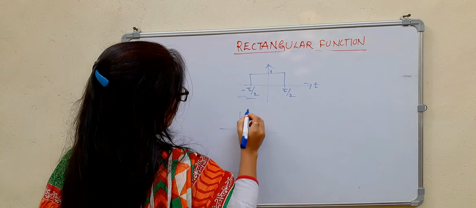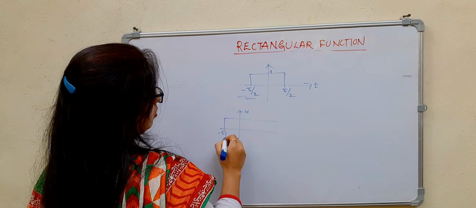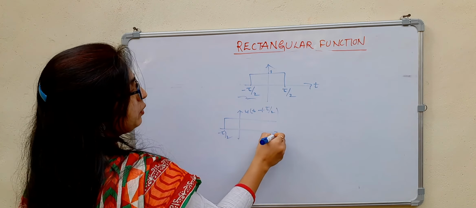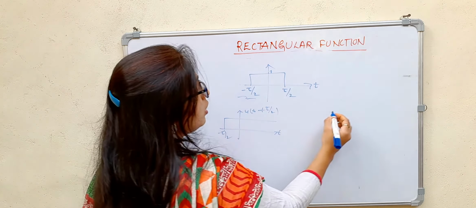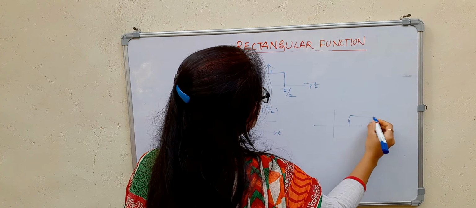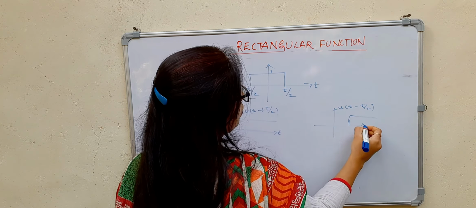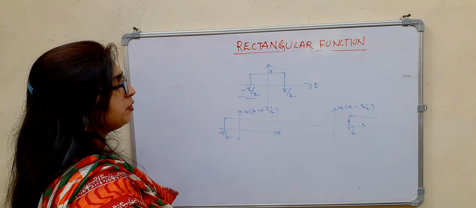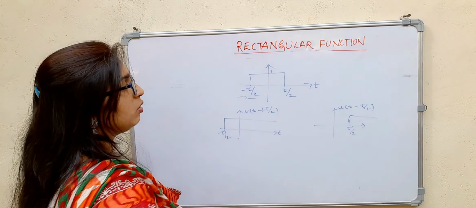If this is minus tau by 2, your unit step function can be represented as u of t plus tau by 2, right? Because it is a shifted version of your unit step function. To start from tau by 2, you should have u of t minus tau by 2. So this is the delayed version of your unit step function.